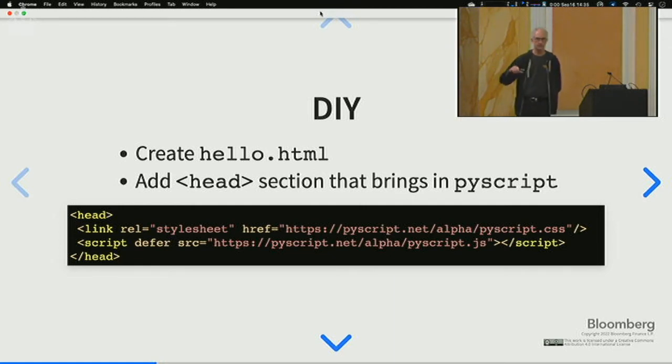No web server involved yet. We're going to create a head section, and these two lines are what's going to bring in PyScript. What it's basically doing is actively downloading it from the PyScript alpha site at runtime.